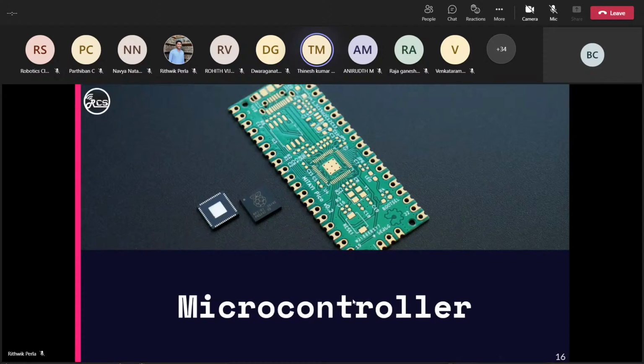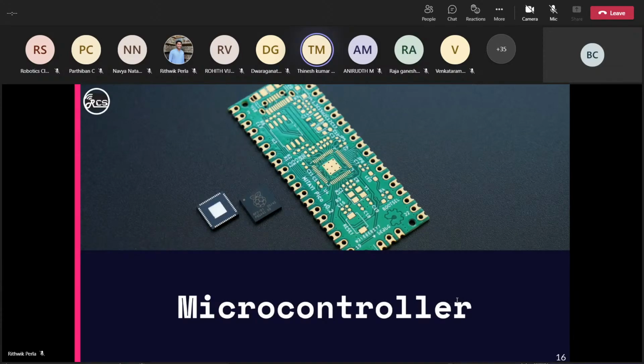I think you all might know about microprocessors because we are using them every day. But I want to ask you something: have you ever had an experience with a microcontroller, in terms of a product you have used?